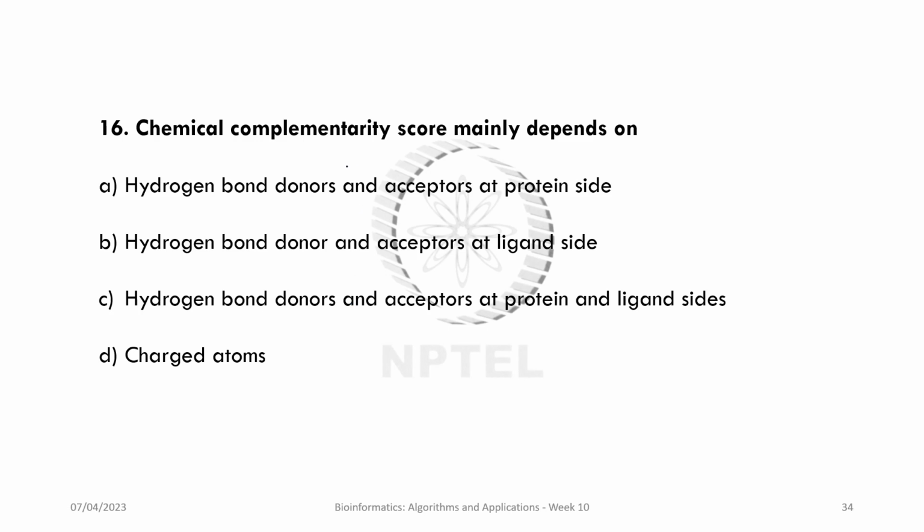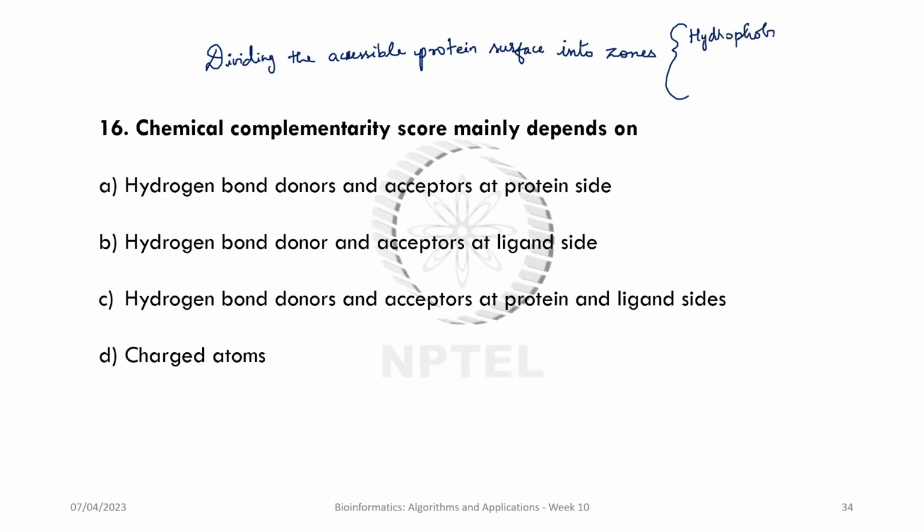The scoring function which uses shape and chemical complementarity works by dividing the accessible protein surface into zones, namely hydrophobic, hydrogen bond accepting and hydrogen bond donors.